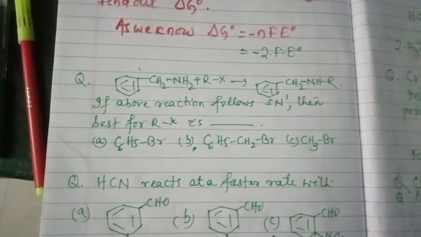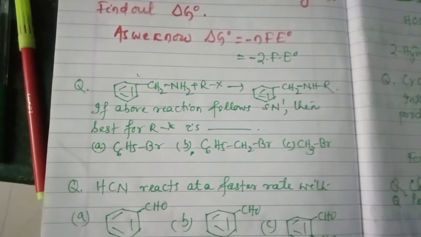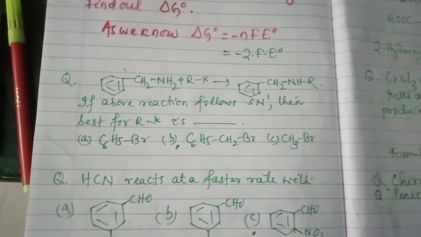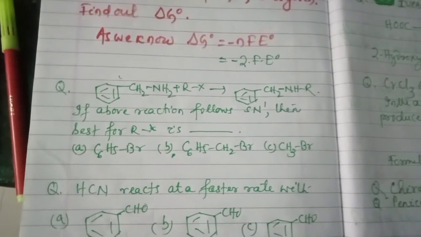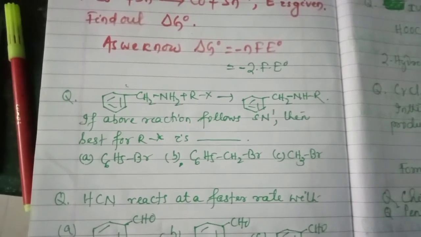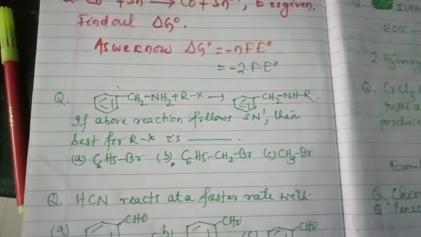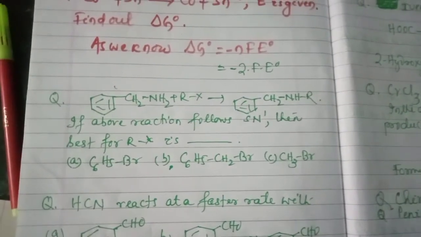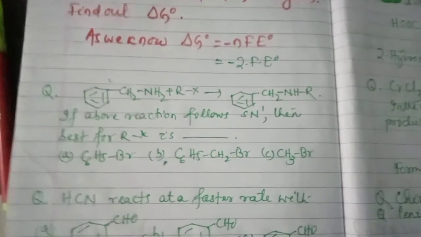If the above reaction follows SN1, then the best RX is obviously C6H5CH2Br, because C6H5CH2Br on breaking into ions gives C6H5CH2+, which is stable. SN1 proceeds through a stable carbocation. In the first case and third case, no such carbocation will be produced. So option B is correct.